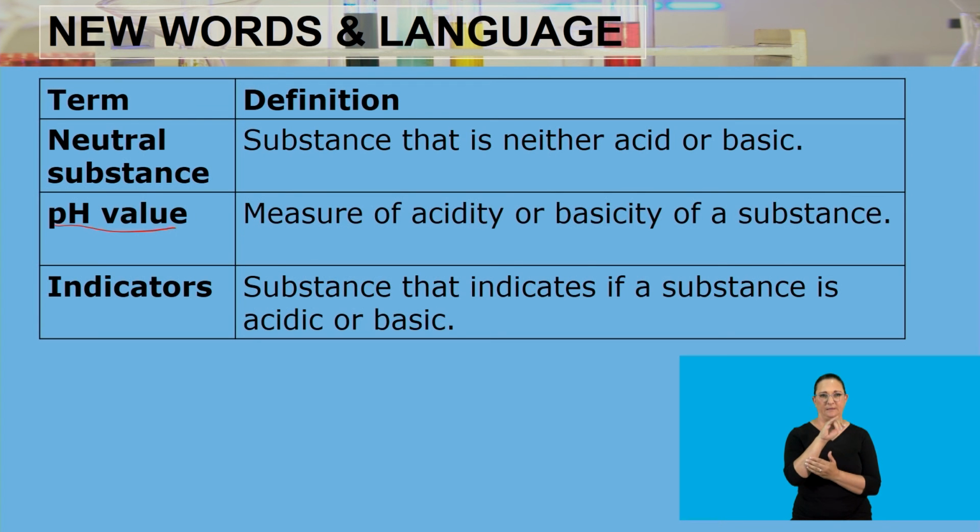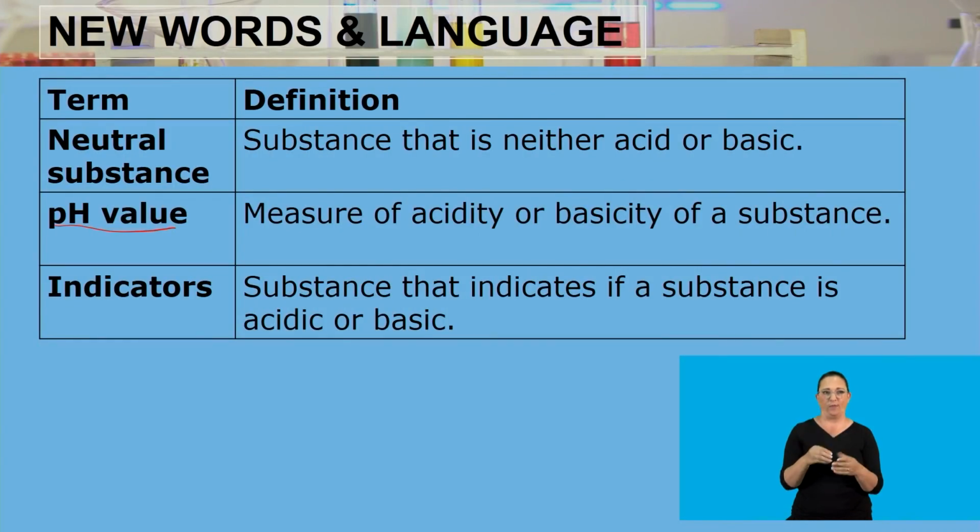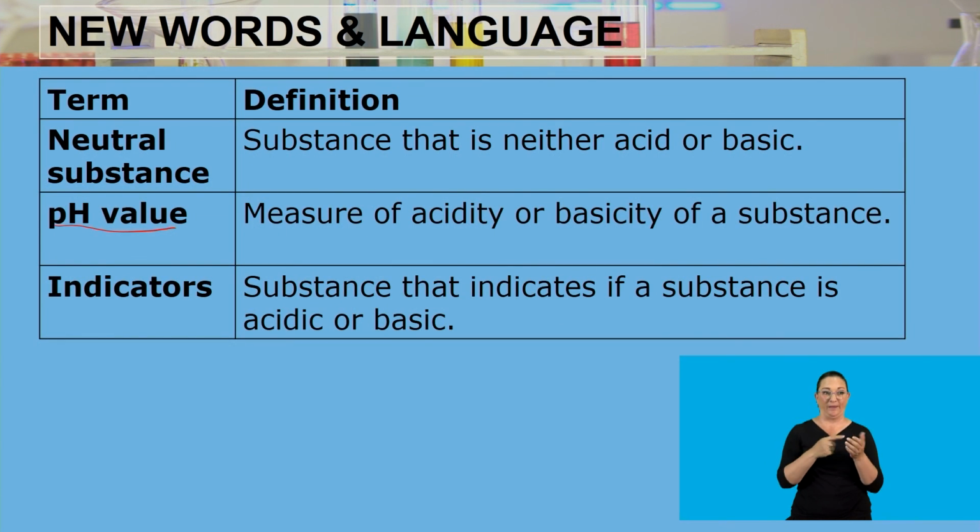So the pH value gives us an indication of whether this substance is acidic or basic. And then lastly, indicators are substances that indicate if a substance is acidic or basic. The pH value is a number that tells us if a substance is acidic or basic, whereas the indicator is a substance that shows that this substance is acidic and this substance is basic.